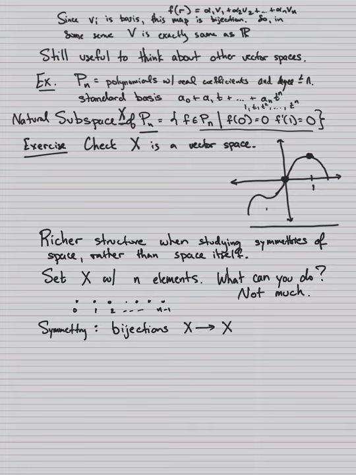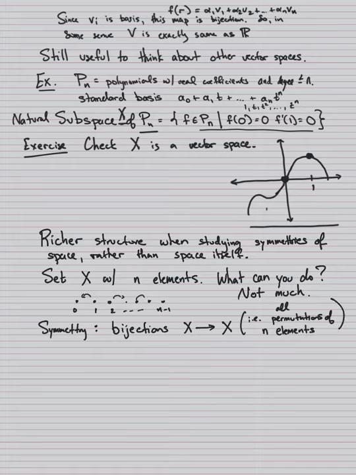So that's something I can do with a set, and this I'm calling a symmetry of the set. Any permutation of these n elements. So this is called the permutations of, so all permutations of n elements.